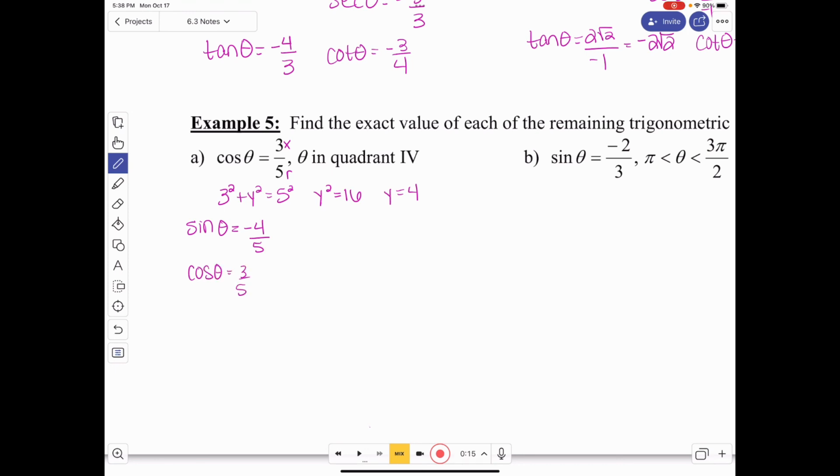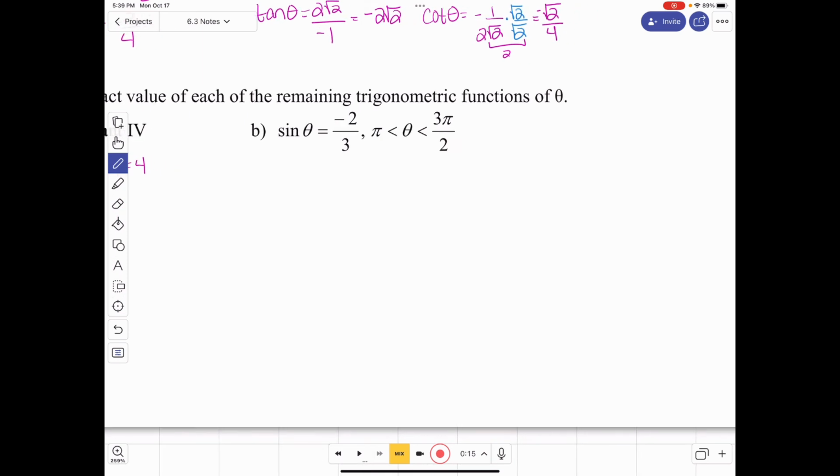That's already given. And tangent is y over x. So negative 4 over 3. All right. Cosecant is going to be negative 5 over 4. Secant will be a positive 5 over 3. And cotangent will be negative 3 over 4.